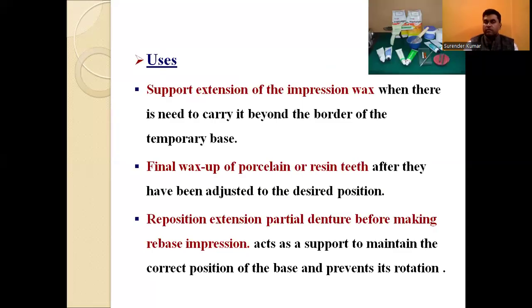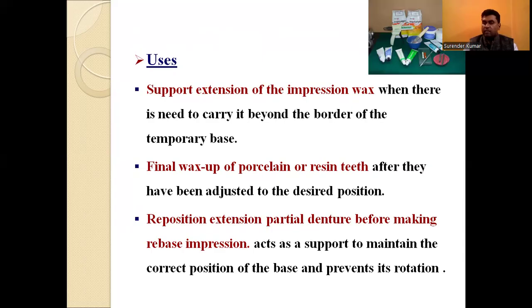The uses: they support the extension of the impression wax when there is a need to carry it beyond the border of the temporary base. Final wax up of porcelain or resin teeth after they have been adjusted to the desired position. Reposition extension of a partial denture before making a rebase impression.